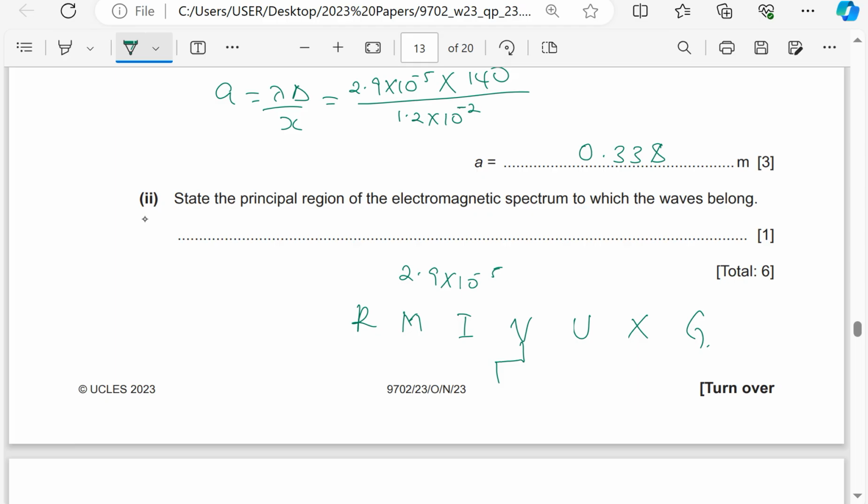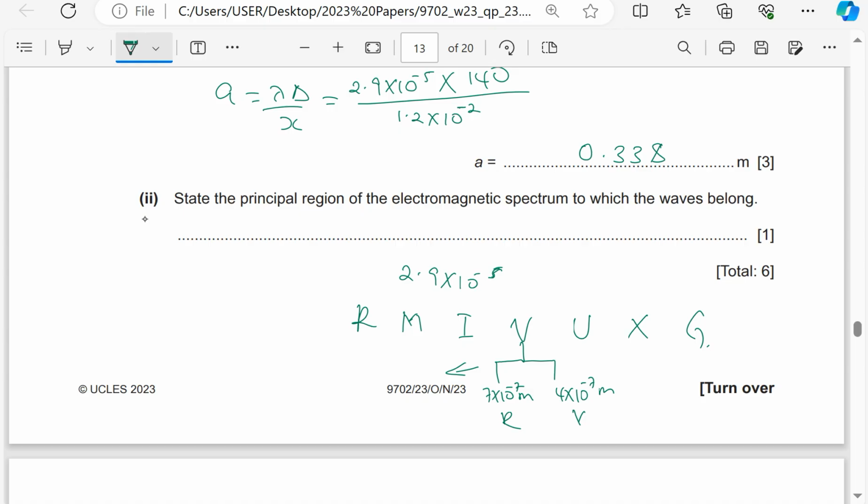Here we have the visible range, which is 7 times 10 to the power of minus 7 meters, and on the other side it is 4 times 10 to the power of minus 7 meters, where this is red and this is violet. So 2.9 times 10 to the power of minus 5 must be on this side of the visible spectrum.